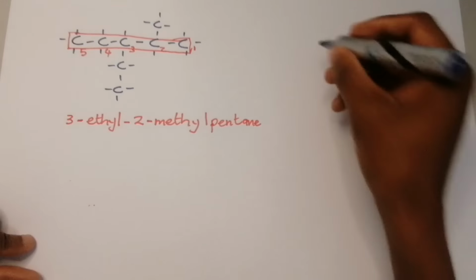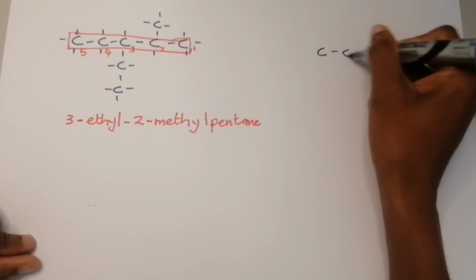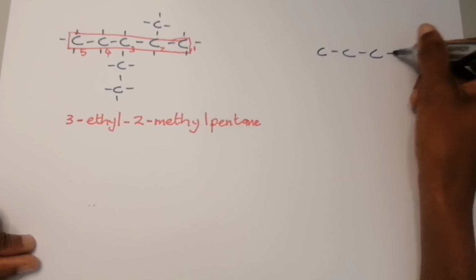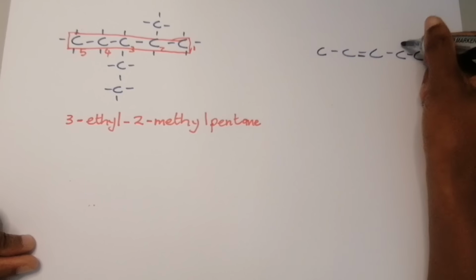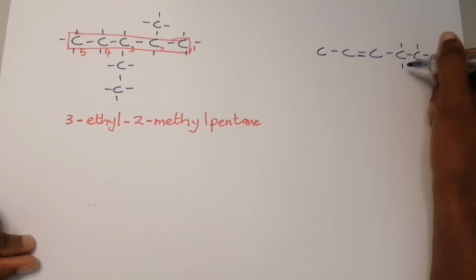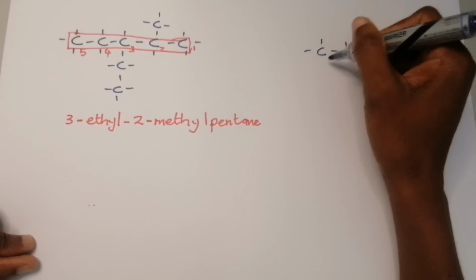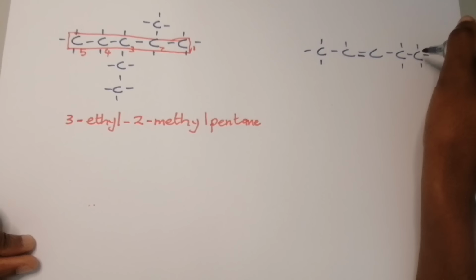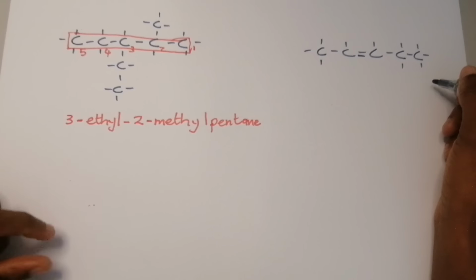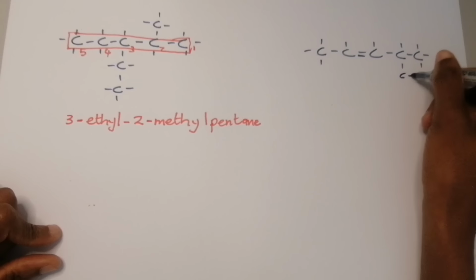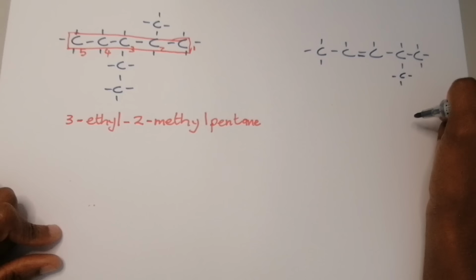So let's take something else. Okay, say maybe we've got something that looks like this. Right, okay, I did not violate any rules there, right? So carbon, right? So let's put our side chains there.